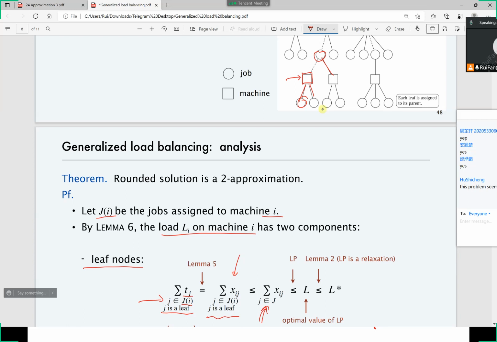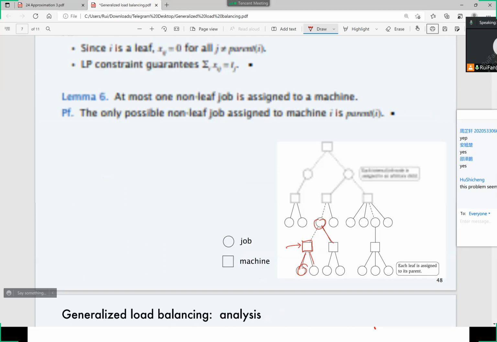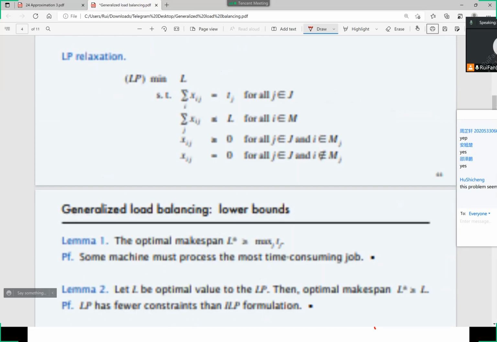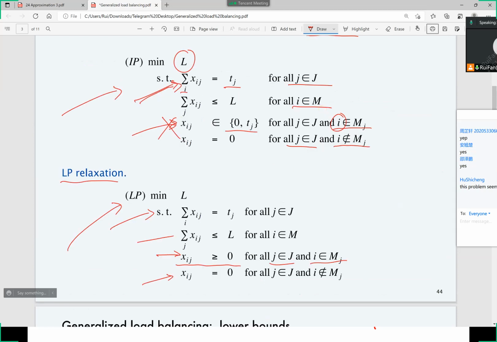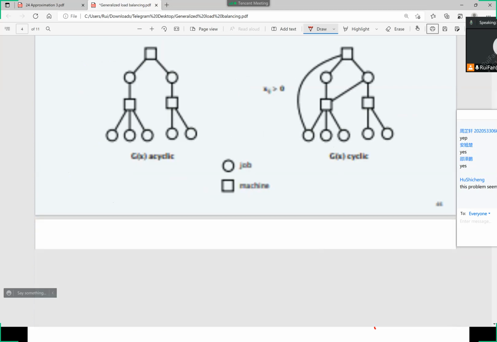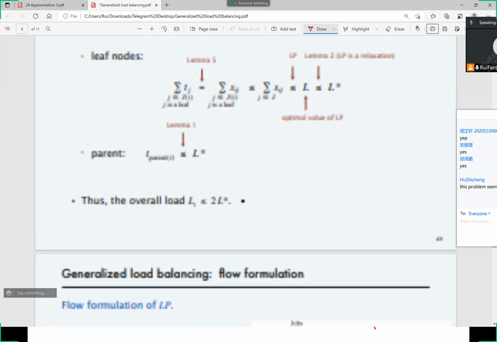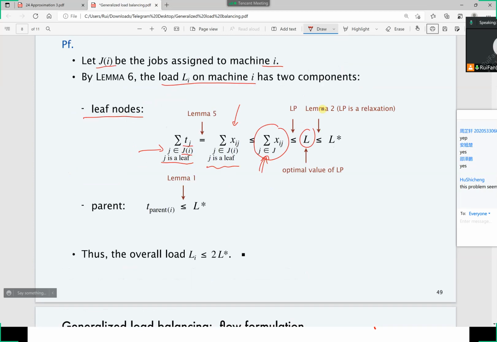But this sum over here is at most L, because this is one of our constraints in the LP. Remember the LP constraint, let's go back to it. It's over here: for any machine, if you add up all the work assigned to that machine, you get at most L. So we have this inequality.